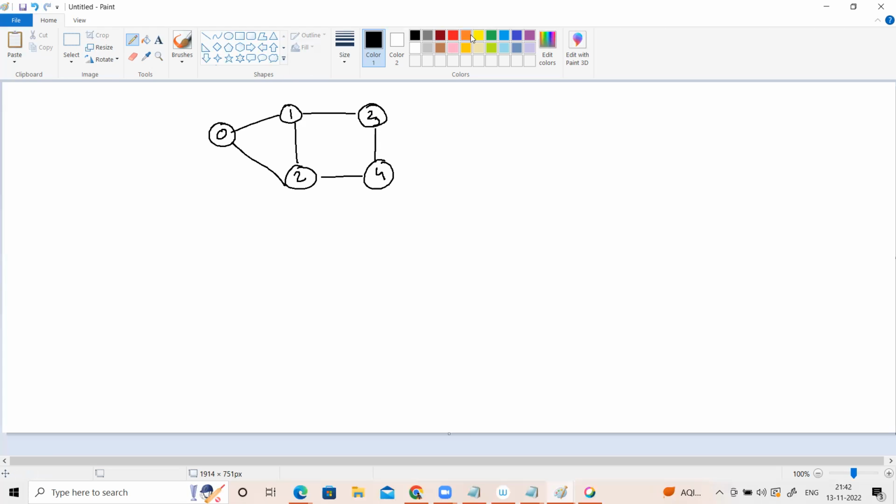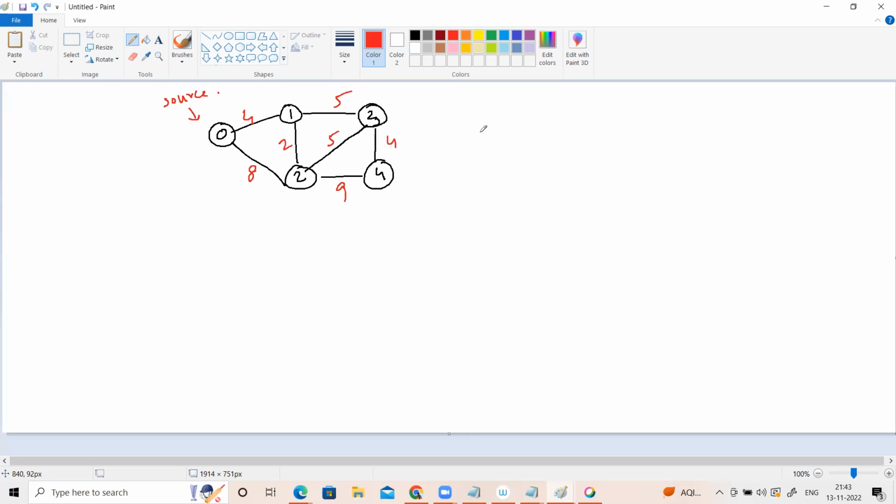So let's say the weights are 4, 5, 2, 8, 9, and 4. Let's draw this as well and take a number like 5. Suppose this is our source.